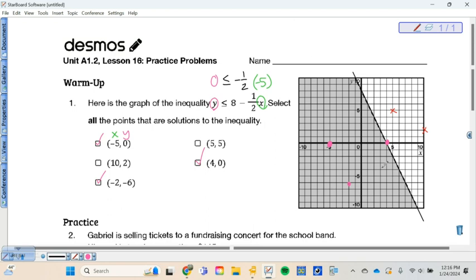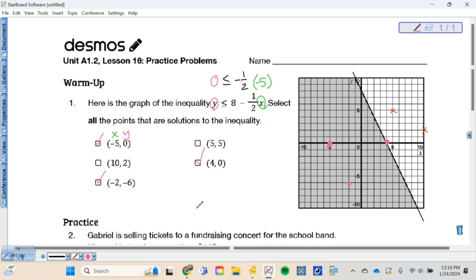4, 0, but that one's exactly on the line. So when we have a solid line, it's always a part of the solution. But if it's a dotted line, it's only sometimes part of the solution, which is kind of weird. But the way you can know for sure is by plugging in a point.